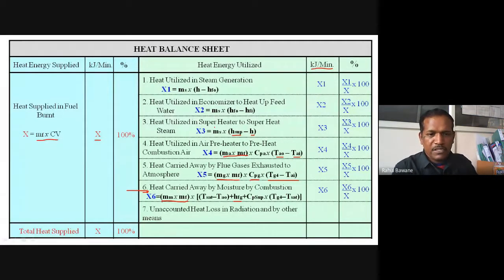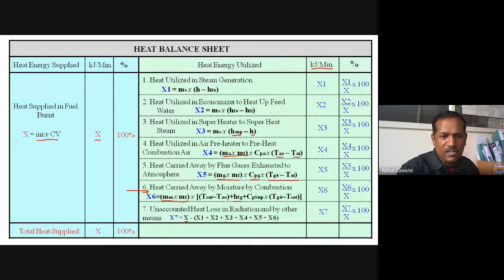Now unaccounted means it is simply a difference. We know the total amount of heat supplied is X, minus whatever the heat utilized heads are, so minus all these additions. Whatever the difference is, that is X7, and that is called unaccounted. Why is it called unaccounted?